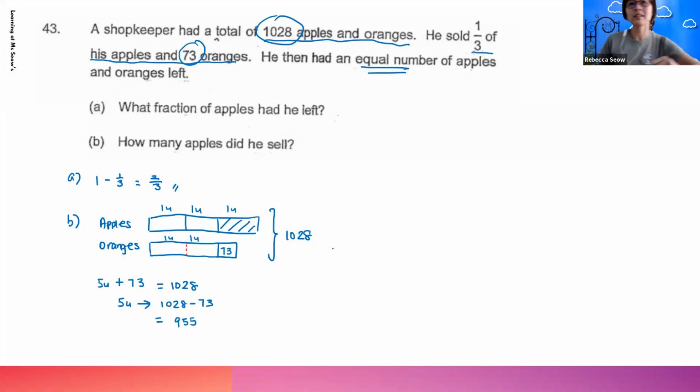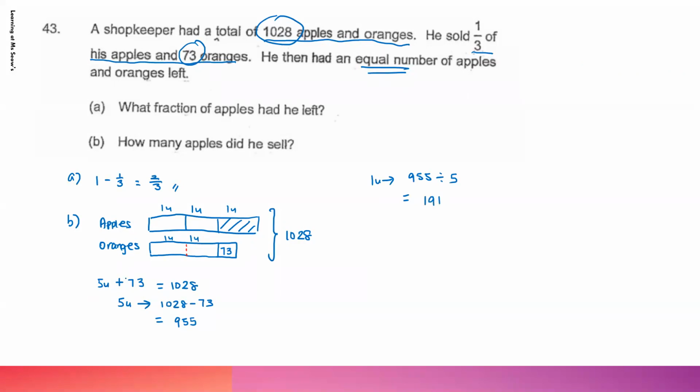And from here, quite easily, we can find what 1 unit is. So 1 unit will be 955 divided by 5, and that will give you 191. Okay, now that we know what 1 unit is, if we look at the question, how many apples did he sell? That's just 1 unit, right?